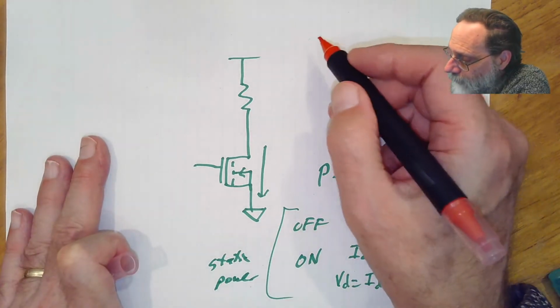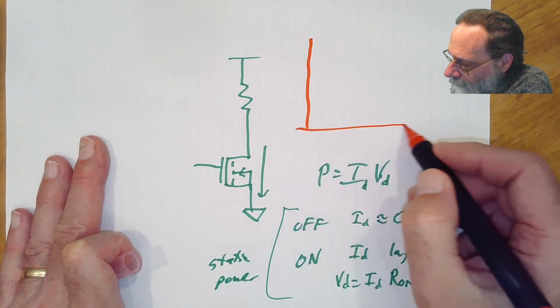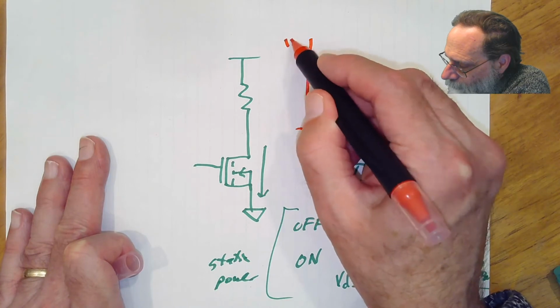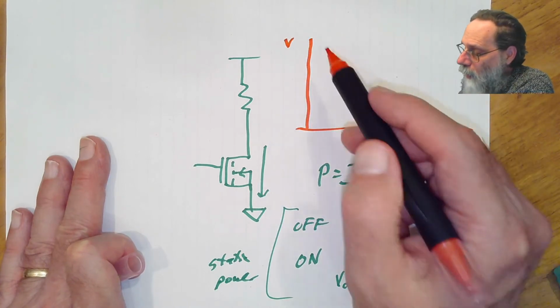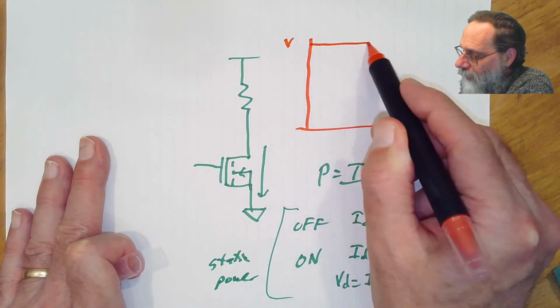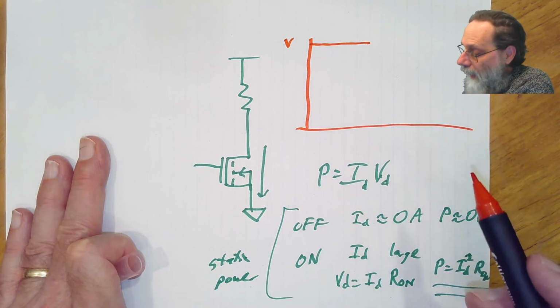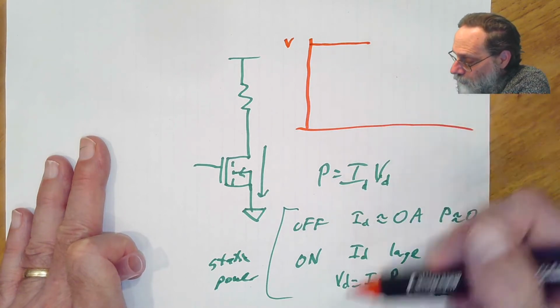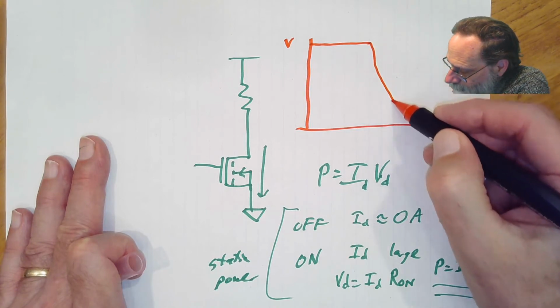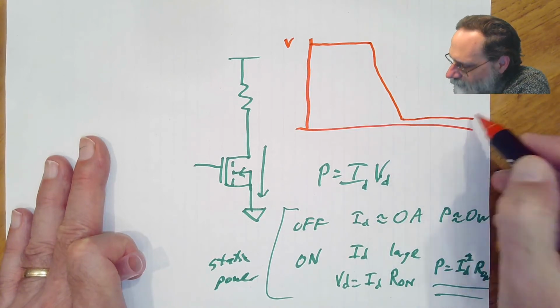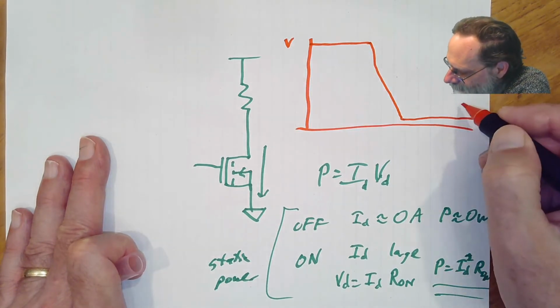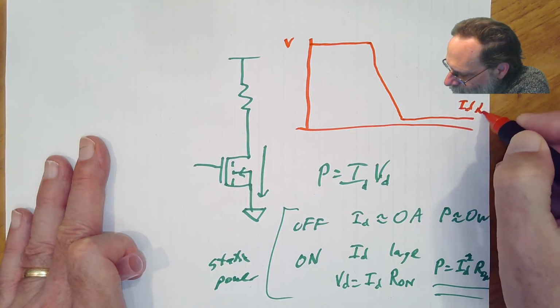And that's because if we take a look at what's going on with the voltage, when the thing is off, then we're up here at the maximum voltage. And then when we turn it on, we switch and come down, not quite to 0, but to the I_D R_on.